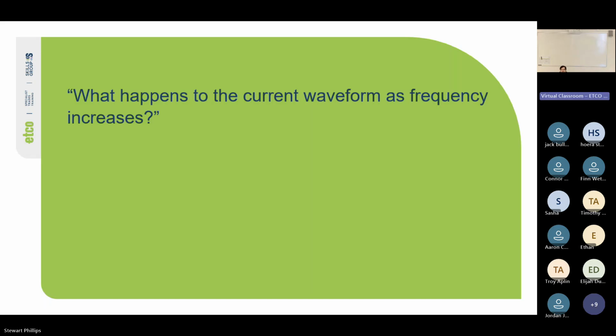Yep, so the inductive reactance increases. So what happens to the current waveform? Yeah, it will go up and down more often.